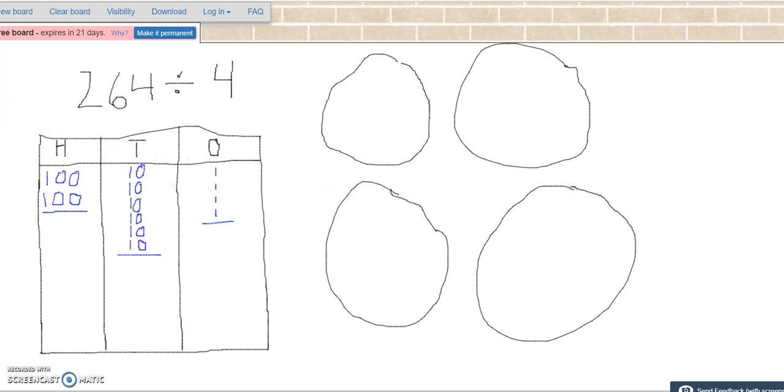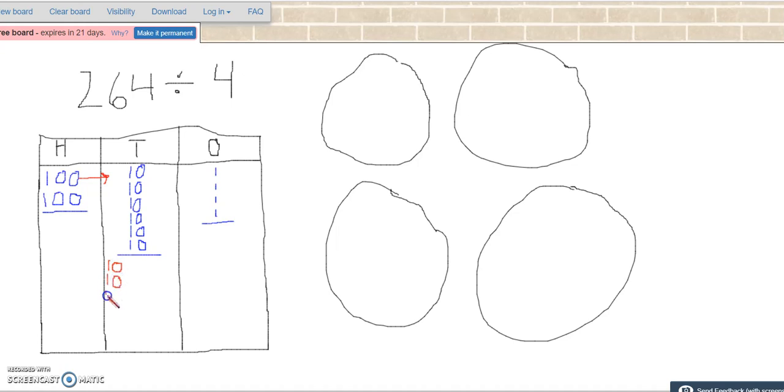So now what I'm going to do is start placing with my hundreds and place them into my groups. Well, I noticed that I only have 2 100s, which means that I can't place a 100 into each of my groups. So that means that I'm going to have to regroup each of those hundreds into tens. So 1 100 means that I'm going to need to put 10 tens over here.